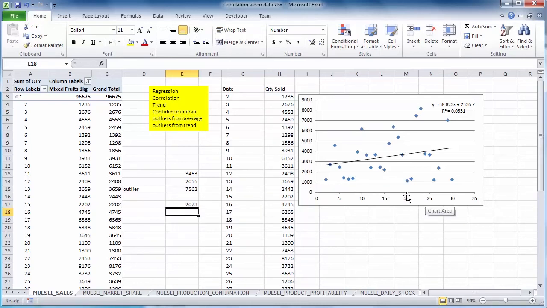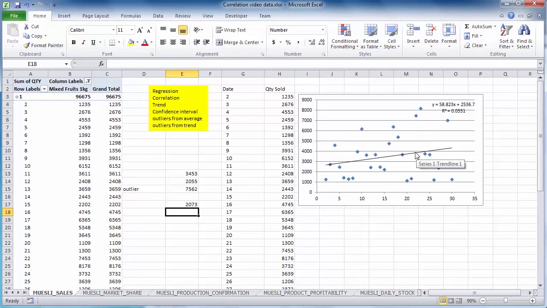Say I pick 20, the data point 20 times 59 is 118 plus this is about 34, and it's about that point there. This number says there's an error associated with this estimate, with this trend line, and it's about 2,000. So 2 times that, or about 4,000, is the 95%.